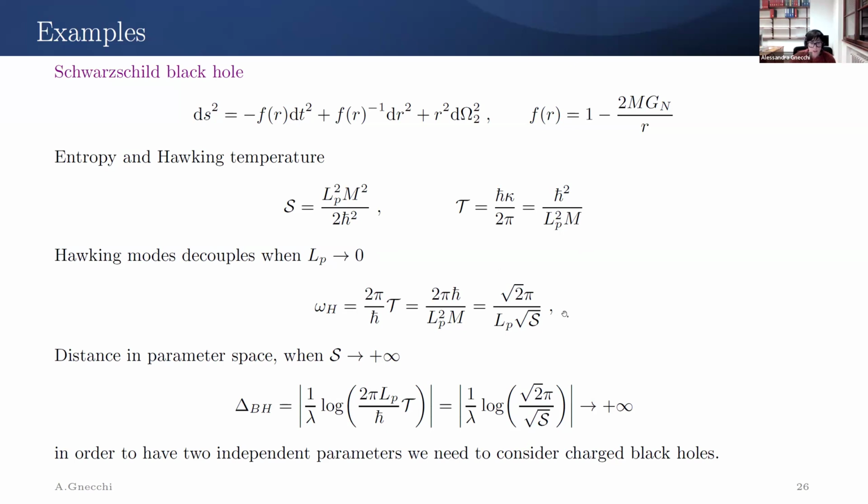However, for Schwarzschild, the temperature and the entropy are both expressed by one parameter. The mass of the black hole governs all the properties of the Schwarzschild black hole. So we're still not able to test different directions in the temperature and entropy phase space.